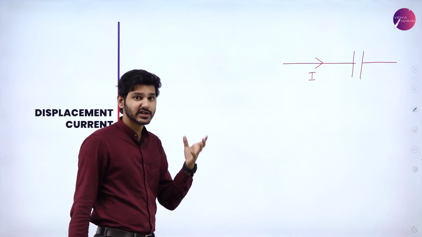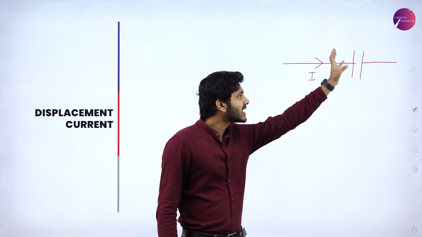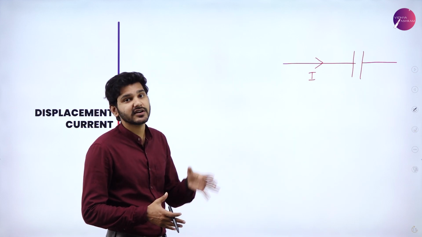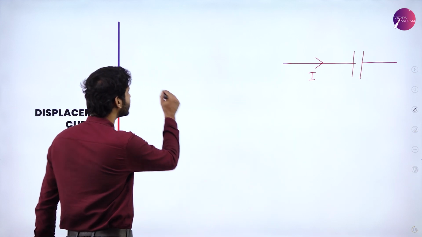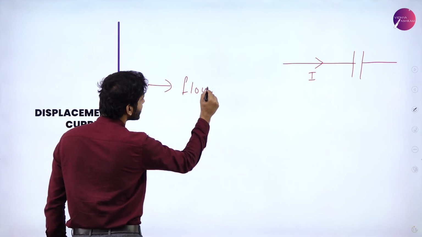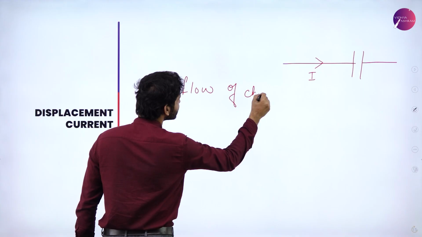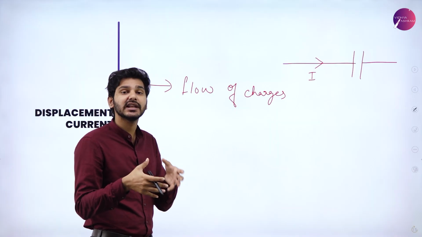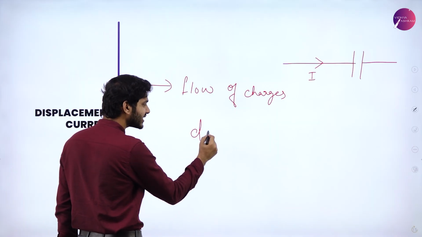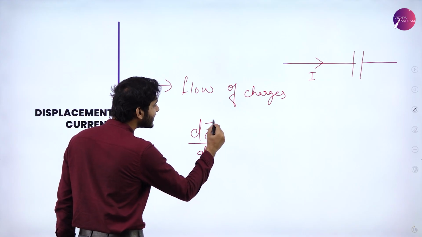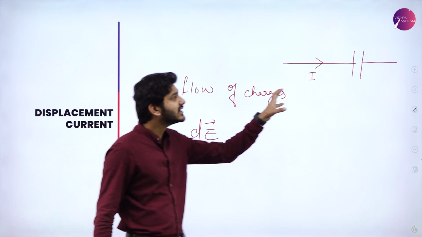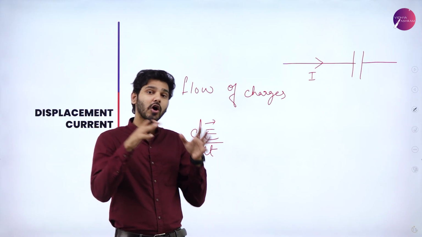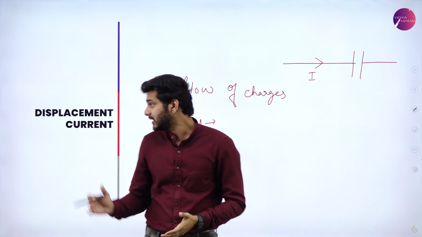So he proposed that this current observed inside the capacitor is not because of the conventional current flow, that is, it is not because of the flow of charges, but rather because of a time varying electric field. That is, if I have an electric field, then it is because of the time varying electric field that the current is now being produced. That was his argument, and he mathematically proved that also, and he called that time varying electric field displacement current.